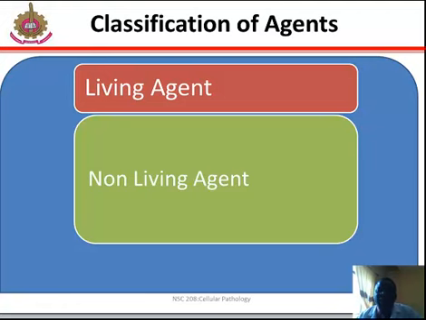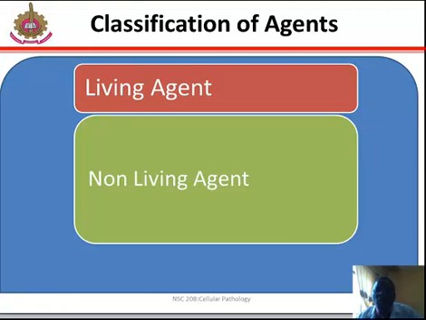When you talk of living agents, you are discussing microbial agents, which include viruses, bacteria, fungi, protozoa, helminths, which are worms, and arthropods. Whereas non-living agents could be physical agents like heat and cold, water, nutrients, and toxic substances. They are referred to as non-living agents.